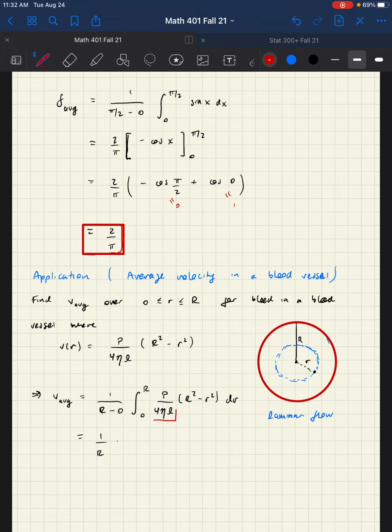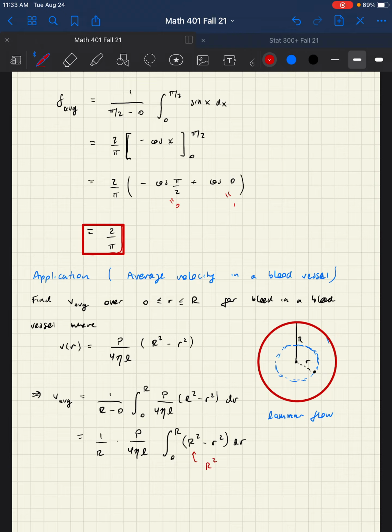So what we can do now is simplify the front part. So 1 over capital R times, pull out the fraction here. This whole expression right here can be pulled out as P over 4 nu L, because these are constants with respect to the integration. And then we're just looking at the integral of capital R squared minus little r squared.